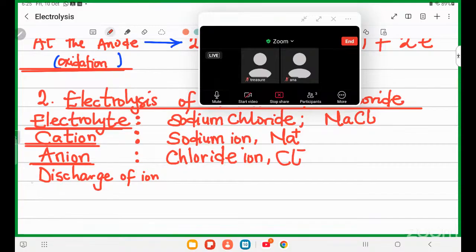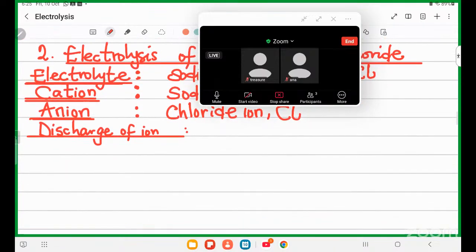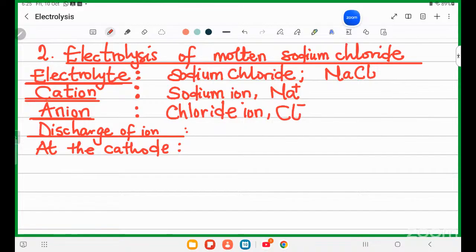Now we will say for the discharge of ion that occurs in 2 stages, now you say at the cathode. Okay. So the cations, which is the sodium ion, is going to the cathode. All right. So what will happen when it gets there?